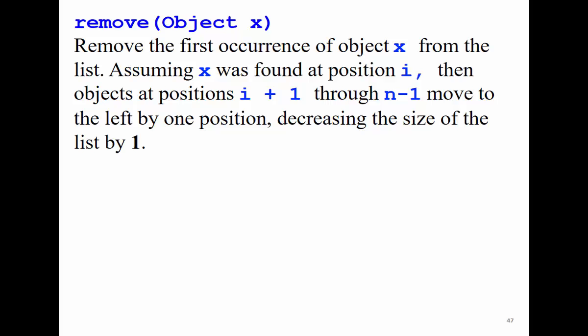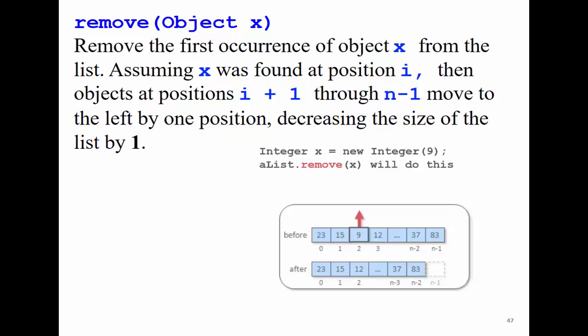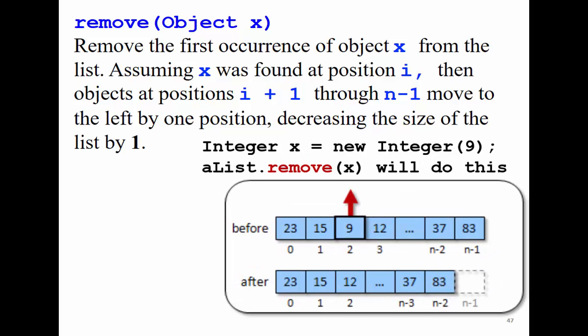It will not remove all. Assume the ArrayList has duplicate objects, or the same object exists inside the ArrayList more than once. The first occurrence of it will be found and removed, and the size of the ArrayList will be reduced. Assume that here we have to remove 9. So we remove 9 and we reduce the size. If there is another occurrence of the 9, it will stay in the ArrayList. Okay?